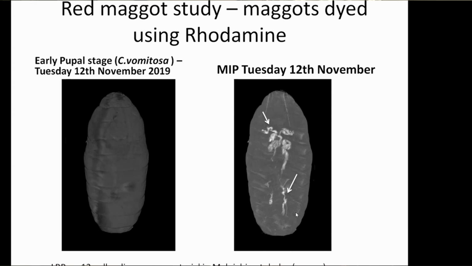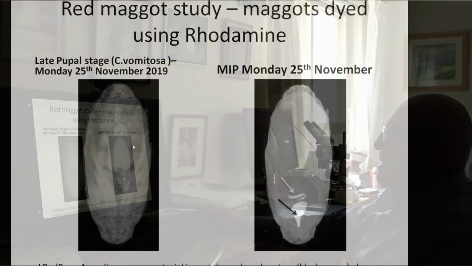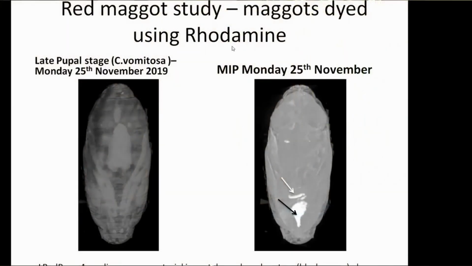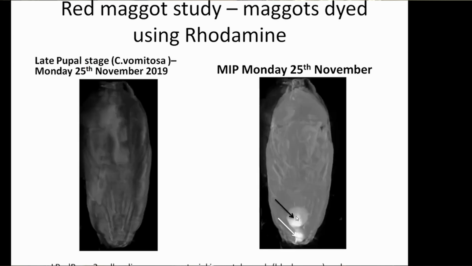Here we're going into the pupal stage. Here, with the red maggots, if you like, the material is passing out of the Malpighian tubules and into the bowel. Here it's sitting in the rectum and anus.